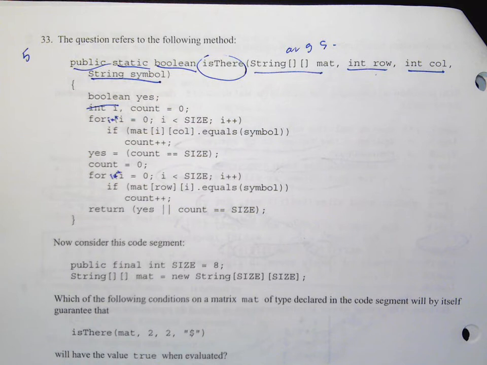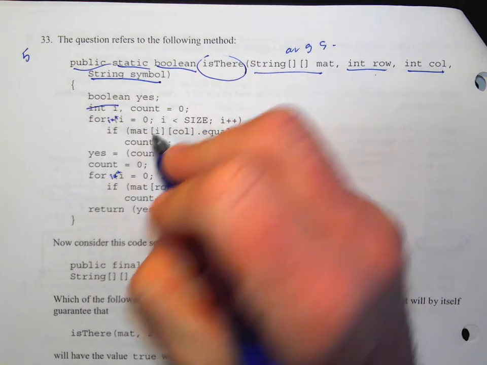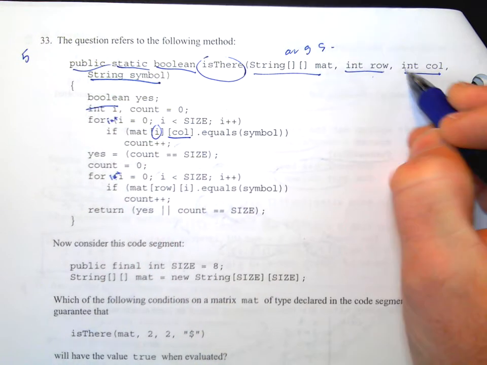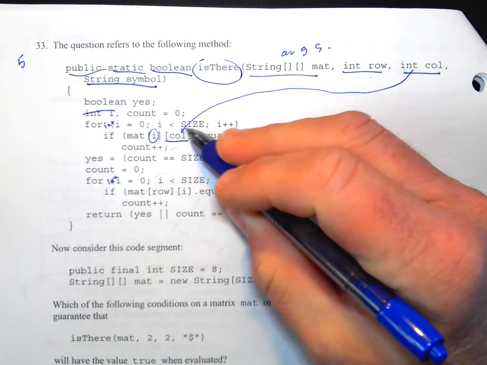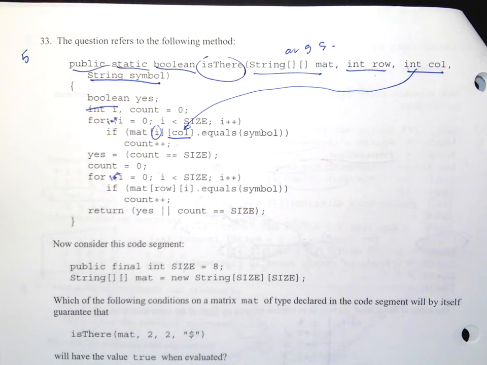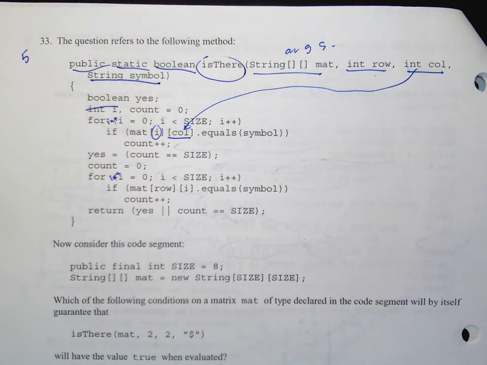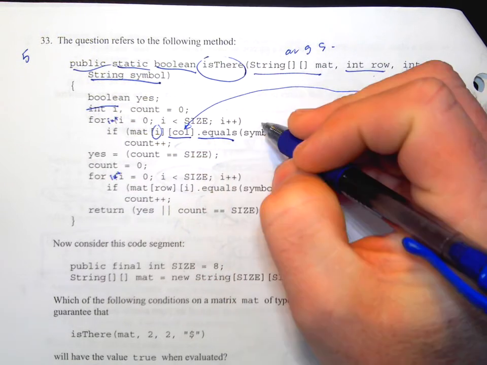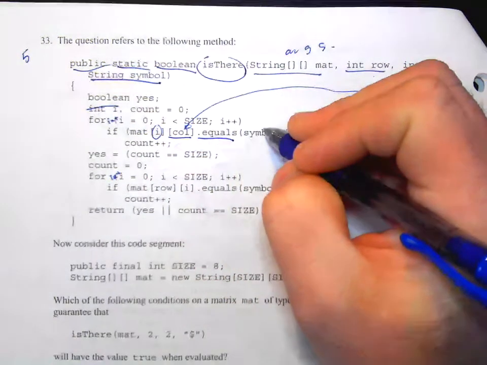It goes through all the rows. So it's just going through the rows. Yeah, it's going through all the rows of a specific column which was given to you, right? It's going through all the rows of a certain column. And it's checking equals, which is for comparing two objects for equality, and in the string class there's one.